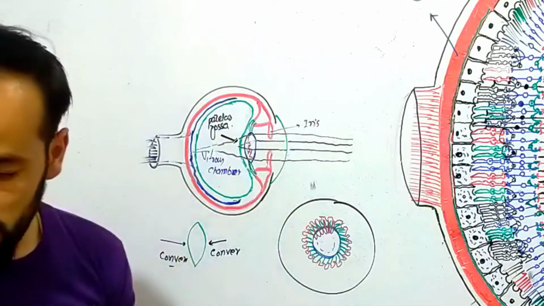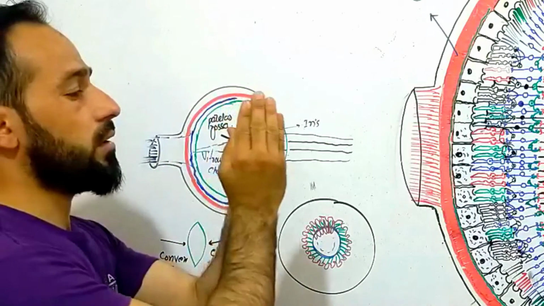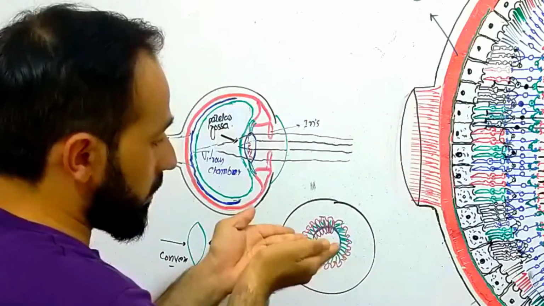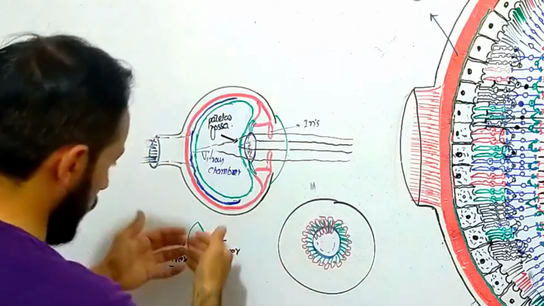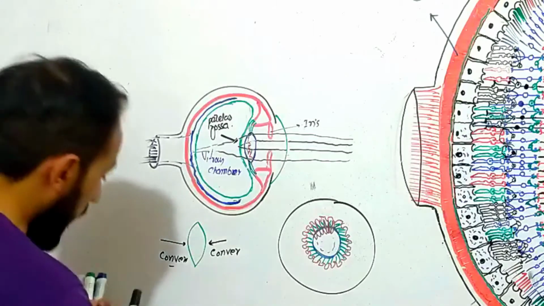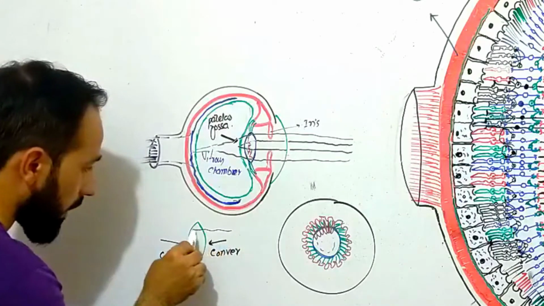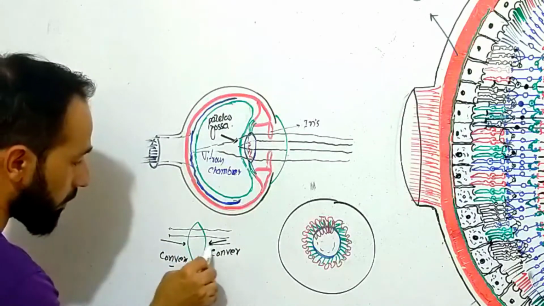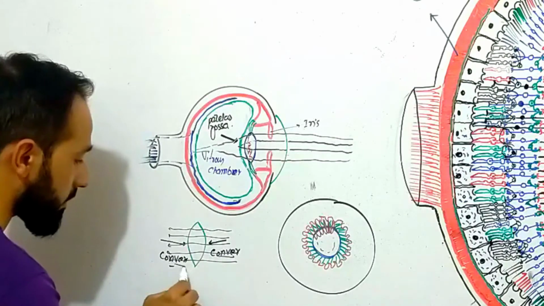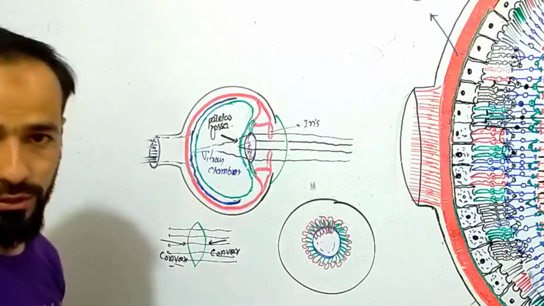So on both sides it is going outside, so it is a biconvex lens, and this lens allows the light to pass through it. That's why we say, what is a lens? A lens is a biconvex transparent object, right?